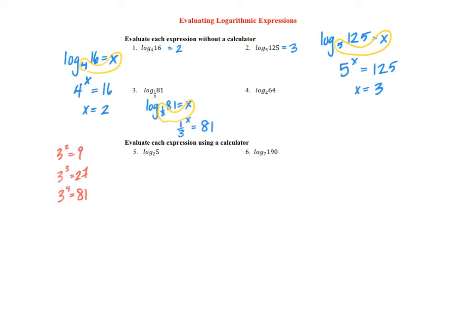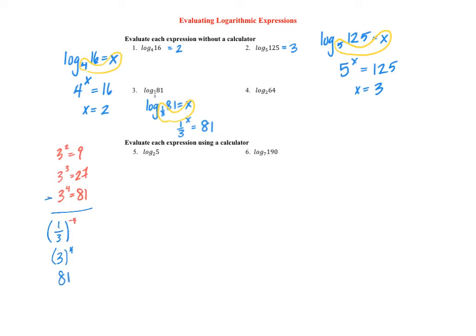So if I raise that 1/3 to a negative exponent, it's going to put that 3 in the numerator. And if I choose to make that a negative 4, not only is it going to take the reciprocal of that 1/3, making it 3, this is going to be equivalent to 3 to the 4th, and that is 81.